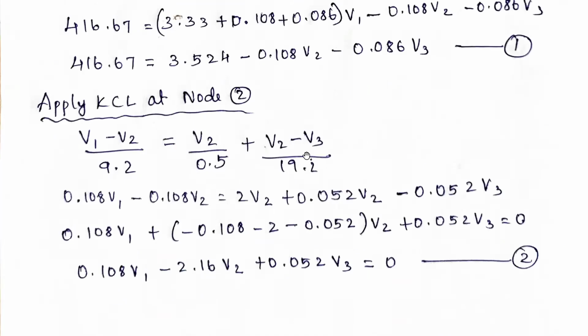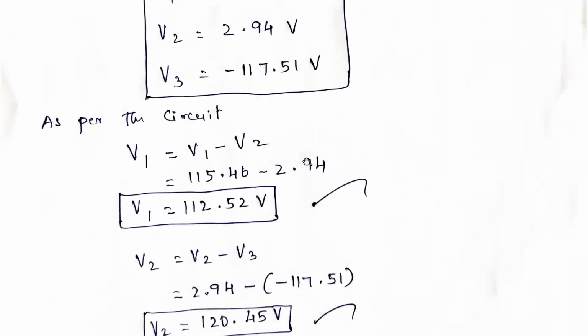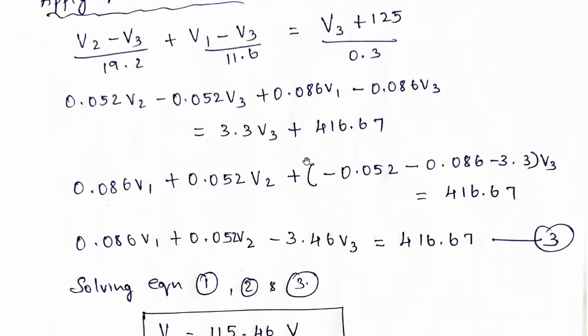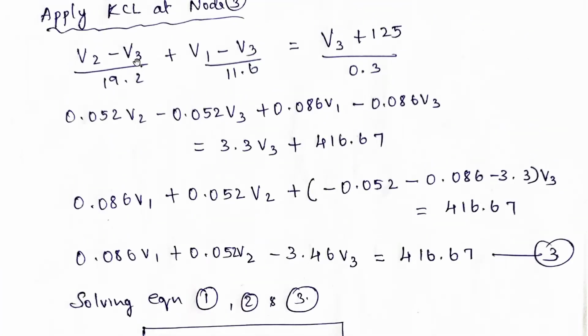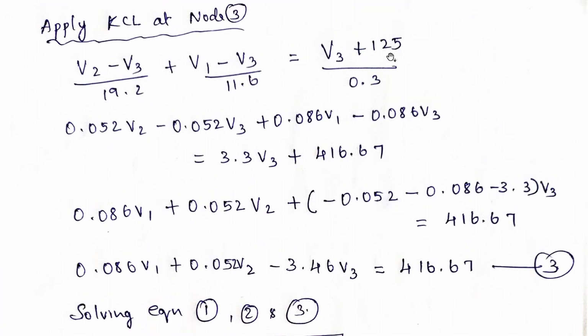This is equal to V3 plus 125 divided by 0.3, or otherwise, because it is going out, it should be negative, so minus V3 minus 125 divided by 0.3 also you can take. Simplifying this, you will get 0.086 V1 plus 0.052 V2 minus 3.46 V3 is equal to 416.67. Take this as equation number 3.